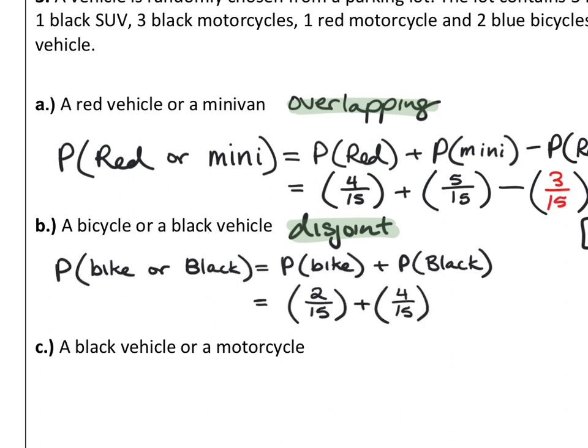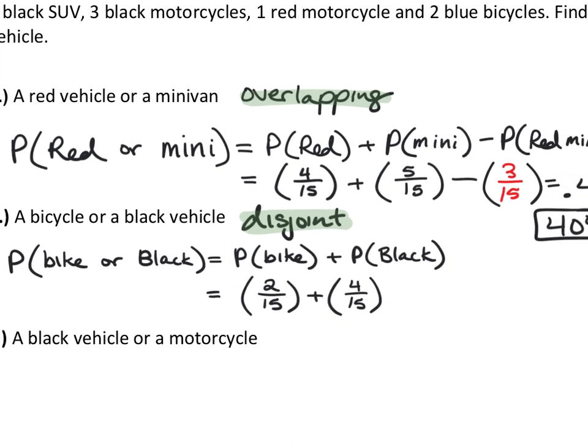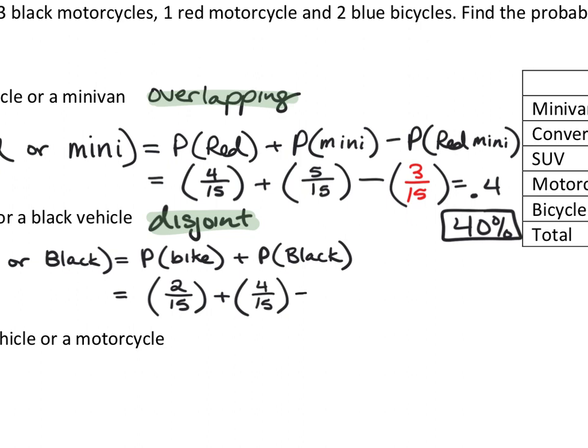So we do 2 out of 15 plus 4 out of 15. Again, no subtraction because they have nothing in common. We should get 0.4 again, which is 40%. So 40% of the cars in the lot are either a bike or a black vehicle.